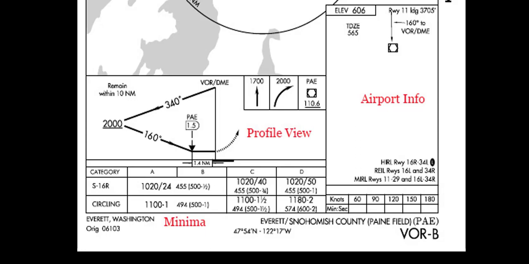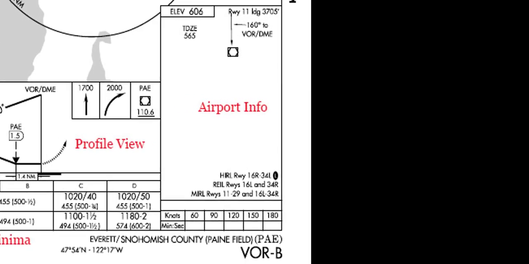Next to that is the same information in meters. Minima differ for different aircraft categories. The Mooney Bravo is a Cat A, although because it is relatively fast, it's not a bad idea to select Cat B at some airports, although very often Cat A and Cat B have the same values.